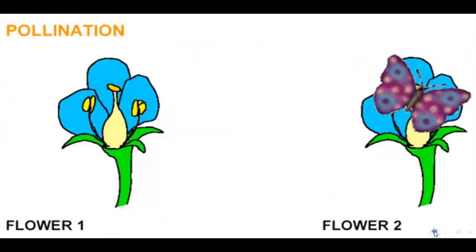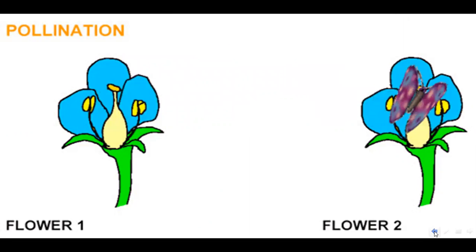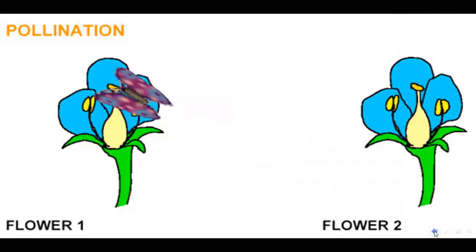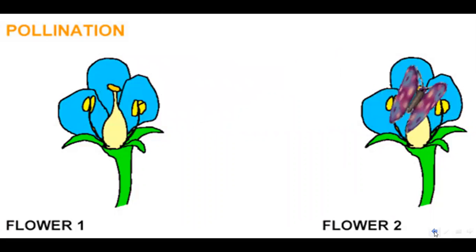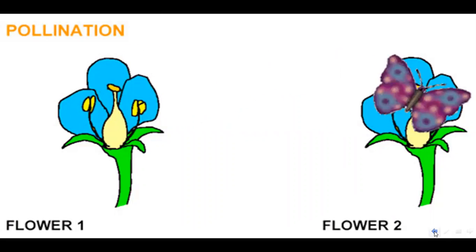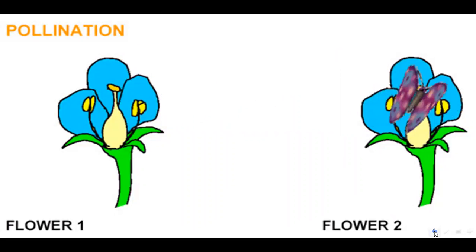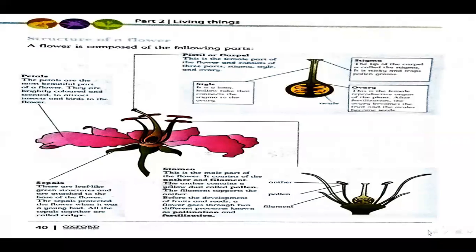First of all, here you see the butterfly is dancing over the flower in search of its food. Structure of a flower. A flower is composed of the following parts. The first one is petals.